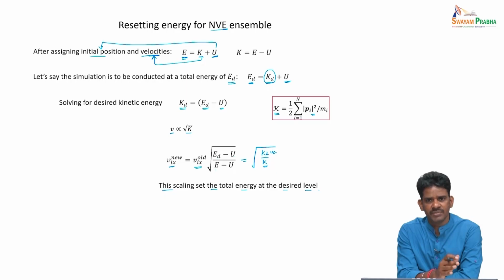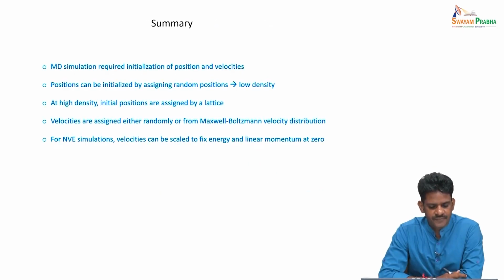So, initialization means not only simply assigning the positions and velocities, but also ensuring the linear momentum is conserved and the total energy of the system is fixed at the desired level. With that, we summarize that in MD simulations we need to initialize the positions and velocities so that the equations of motion can be integrated numerically with certain finite difference algorithms. As far as the positions are concerned, we can either assign random initial positions, which works for low density.